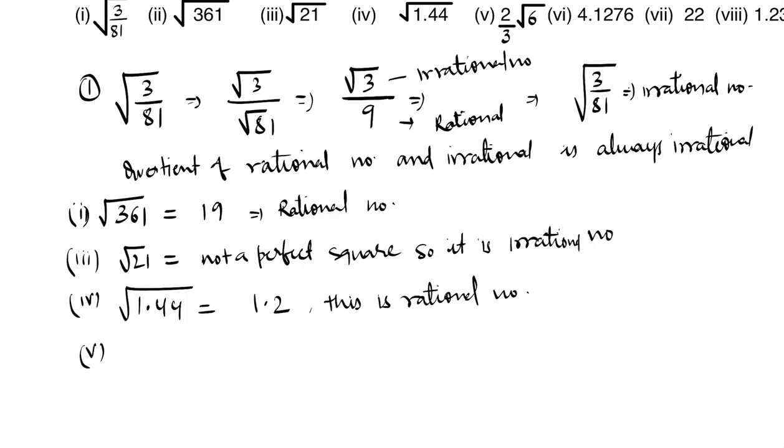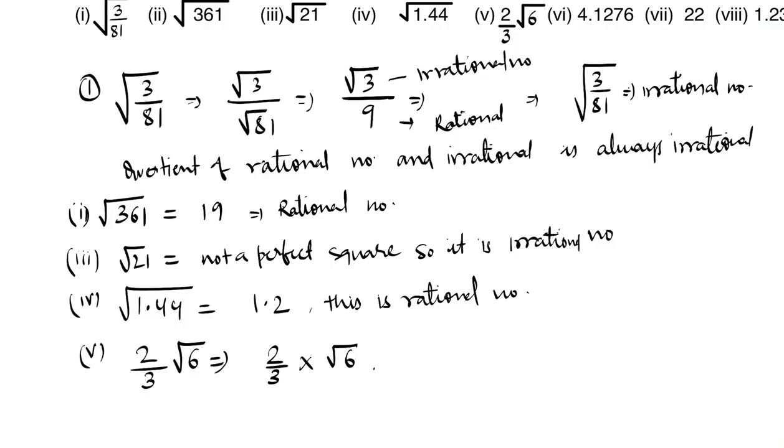The fifth question is 2 upon 3 root 6. Now this is a product of 2 upon 3 and root 6, where root 6 is an irrational number, but 2 upon 3 is a rational number.